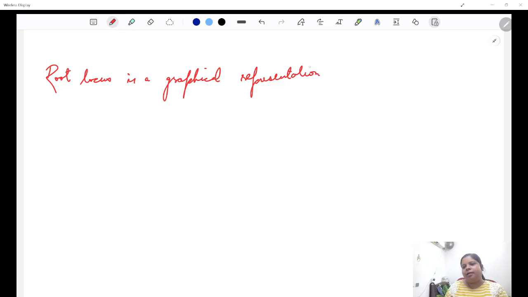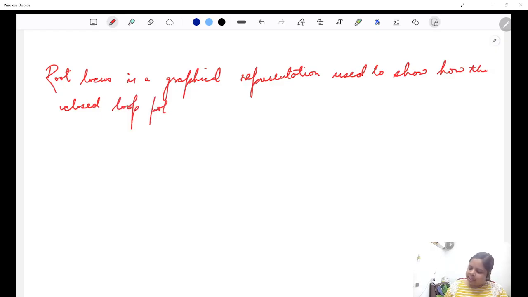Root locus is a graphical method in control systems used to show how the closed loop poles behave, because what we are interested in is where the closed loop poles are located. Are they lying in the left half of the S plane? Are they lying in the right half of the S plane? Is the system stable or not? It highly depends on the position of the closed loop poles.